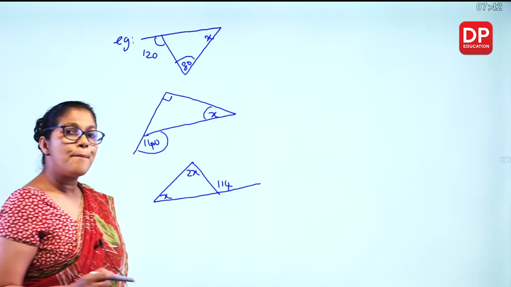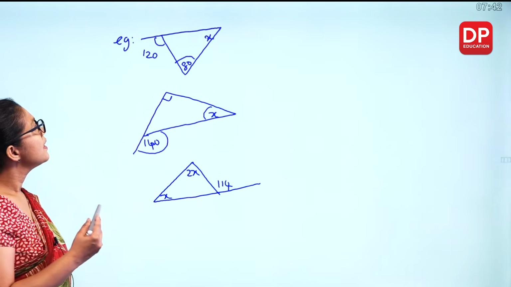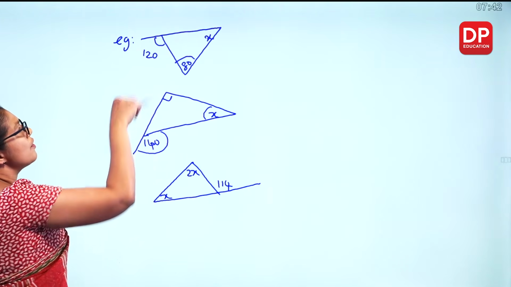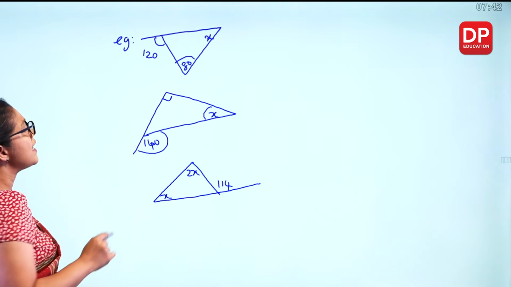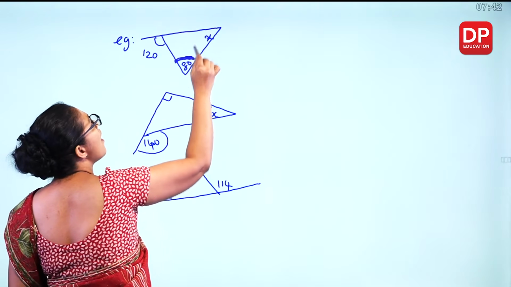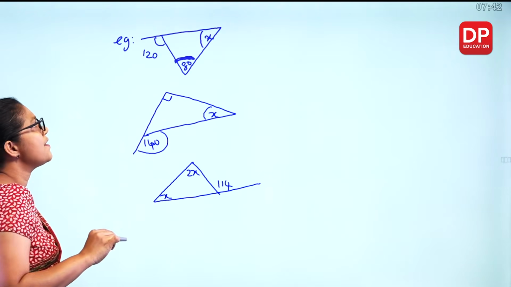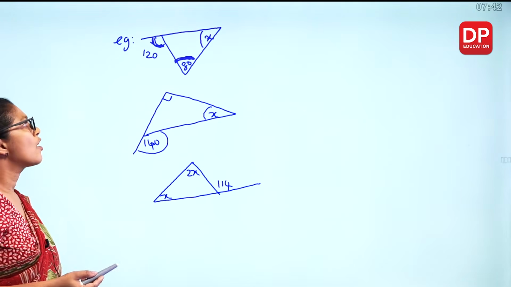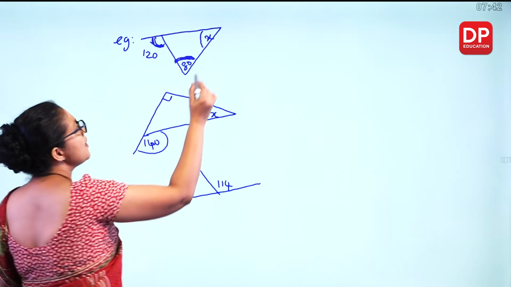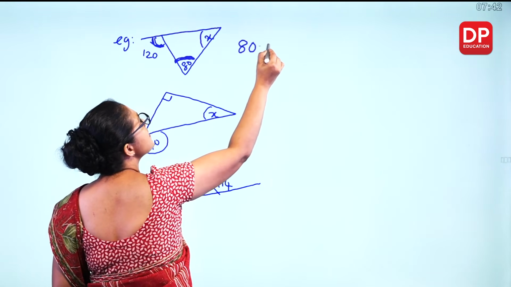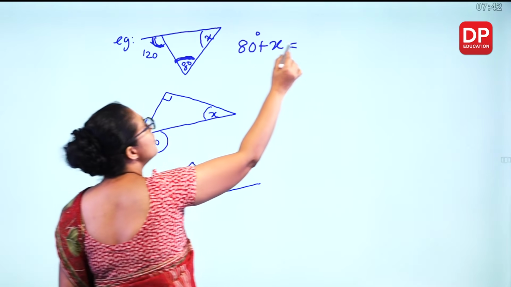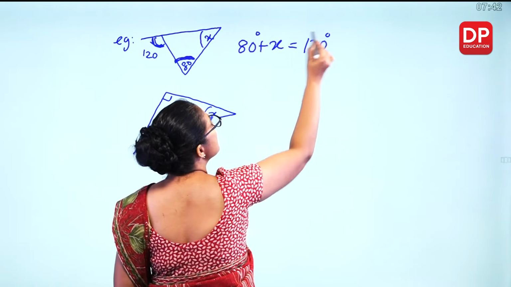Now we'll apply that theorem in several applications. When you look at this triangle, we straight away see these two are opposite interior angles and this one is the exterior angle. So according to theorem number 1, we can write 80 plus x is equal to 120.